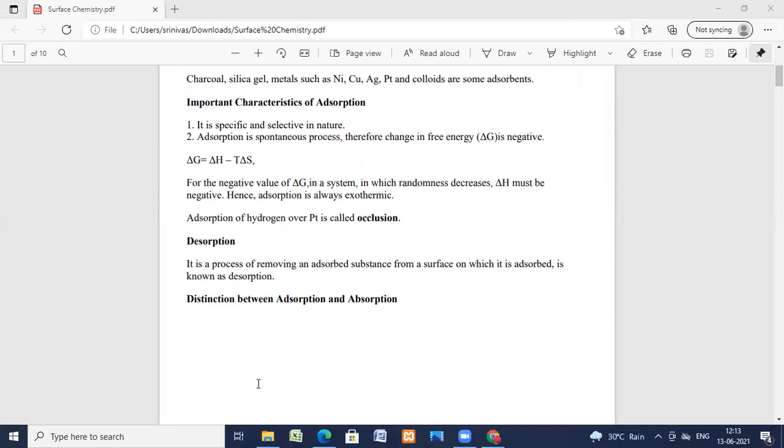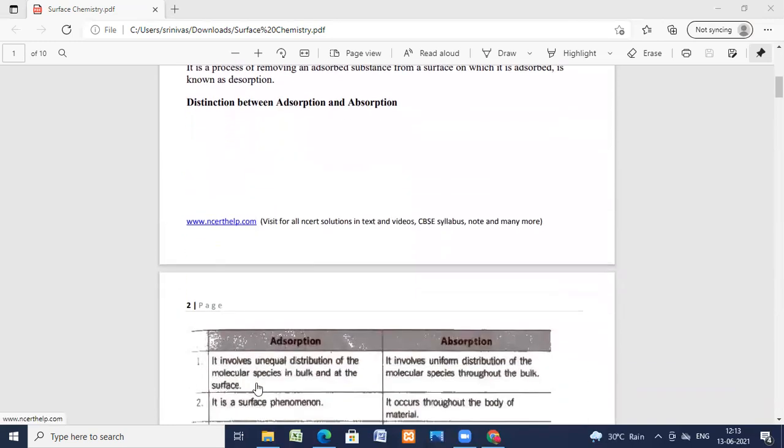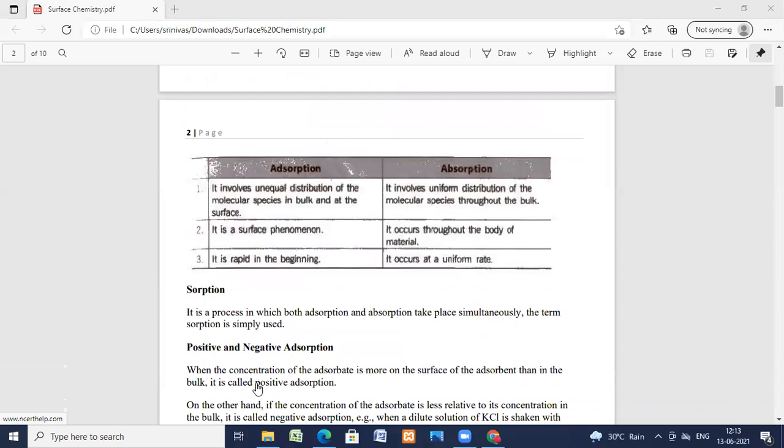Now, the distinction between adsorption and absorption. Adsorption involves unequal distribution of molecular species in the bulk and at the surface, whereas absorption involves distribution of the molecular species through the bulk.